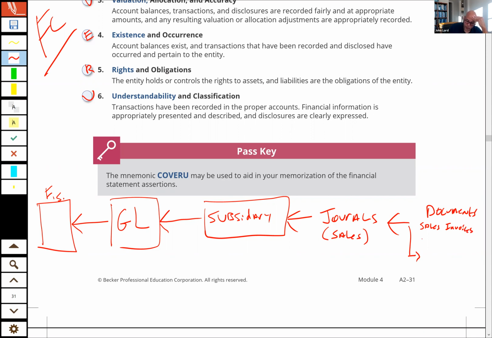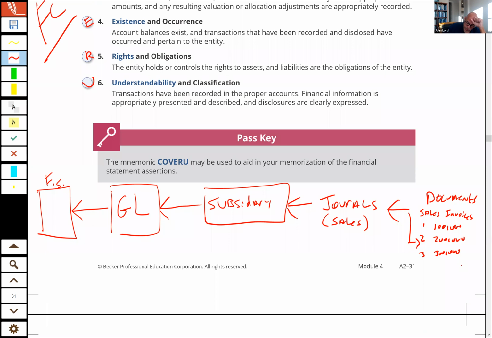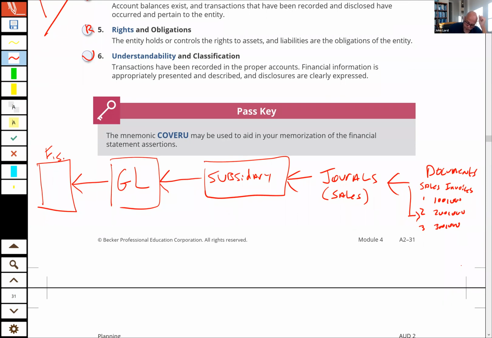Maybe invoice number one is for 100,000, invoice 2 is maybe for 200,000, invoice 3 is maybe 300,000. Okay, good. Did I hear something else that's going to support the sales journal? Or an RMA return.